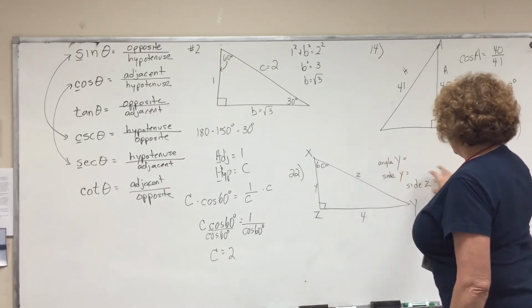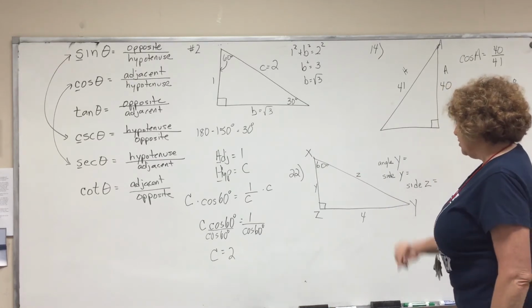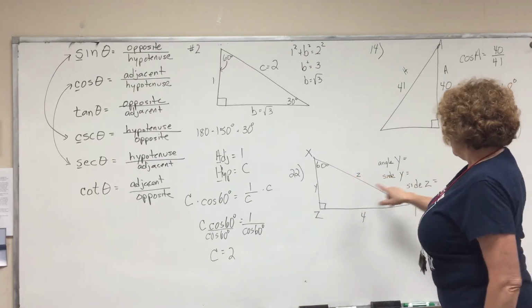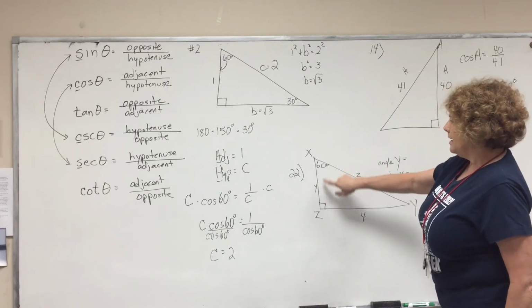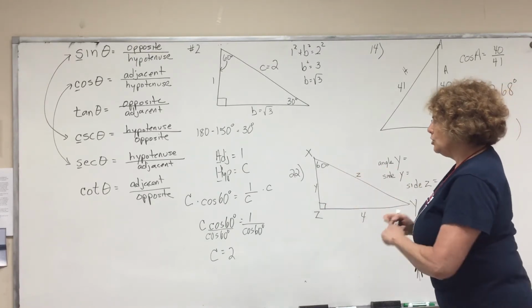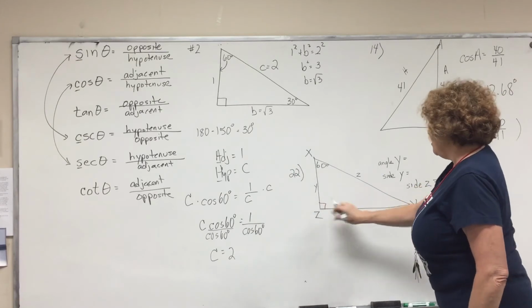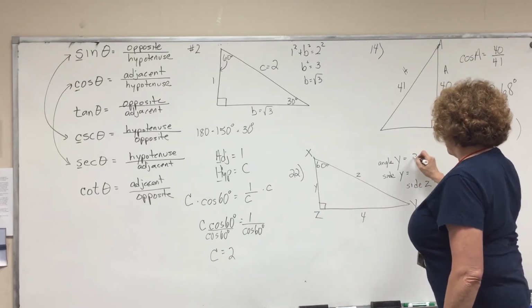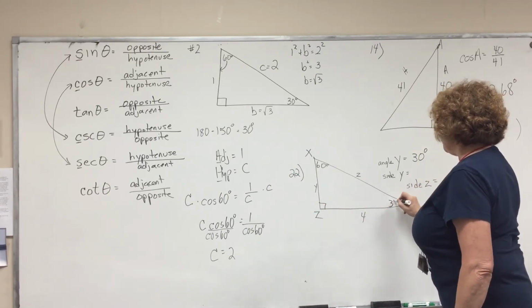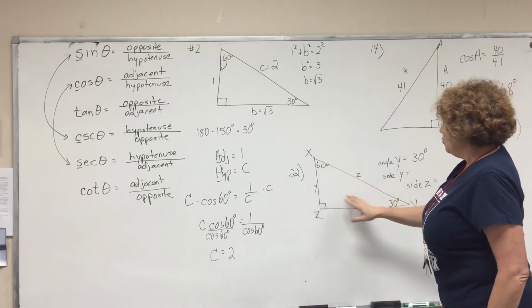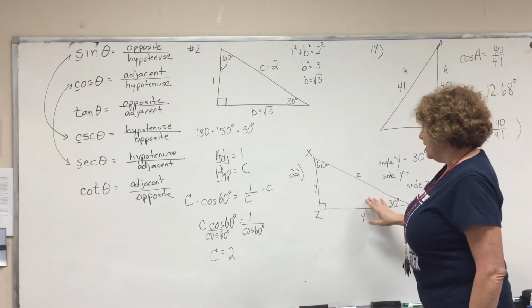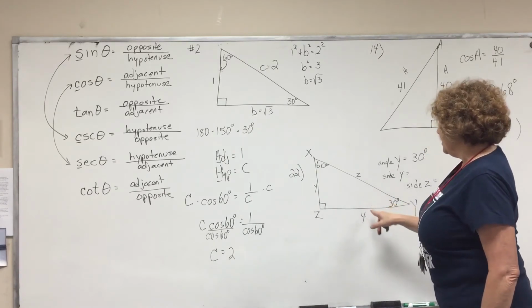Now this last one, they want all of these things, so let's look at it again. Well, first of all, angle y would simply be 90 plus 60, which is 150, so 180 minus 150, so angle y would be 30 degrees. So now let's use one of our trigonometric functions to find something that's missing.